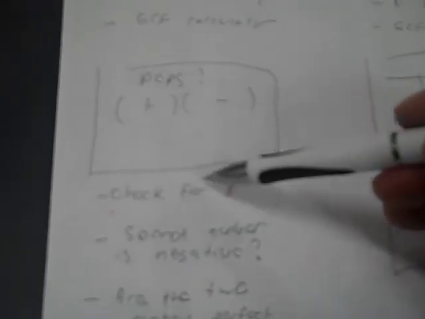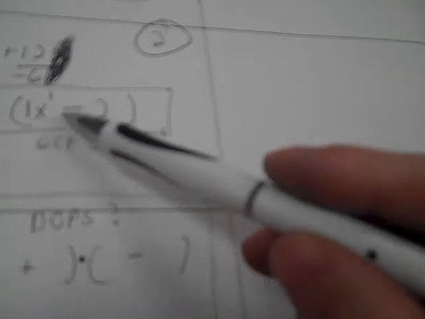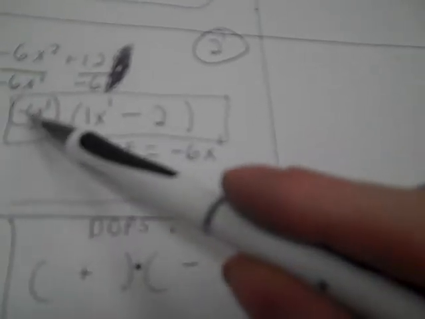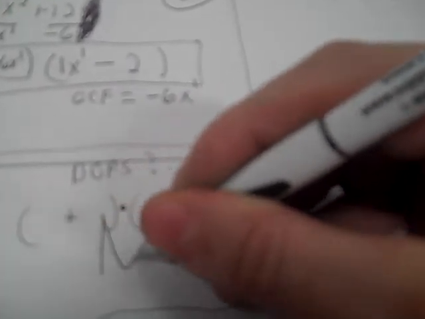Okay, now the difference of perfect squares. Check for x to the second. Remember, in this parentheses here, I don't care about that. That's done. That's yesterday's news. My x is not to the second. So that's NP. Okay, and I just label my F1, F2 up here in the first box.